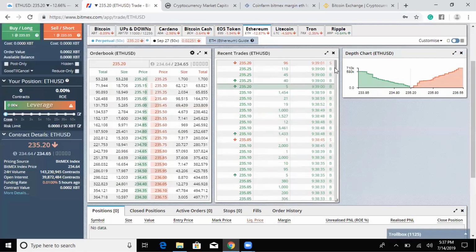No, you don't do that, and I'm going to come into that later. Just keep in mind that you look at the overall recent trades and size that up, and it gives you an idea if a lot of people are buying.